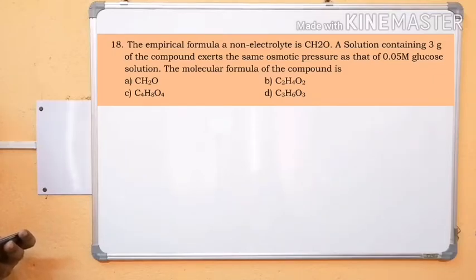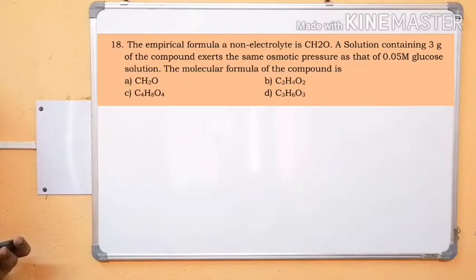A solution containing 3 grams of the compound exerts the same osmotic pressure as that of 0.05 molar glucose solution. What is the molecular formula of the compound? So please read the question once again. The empirical formula of a non-electrolyte is CH2O. There is no mistake, it's all right.